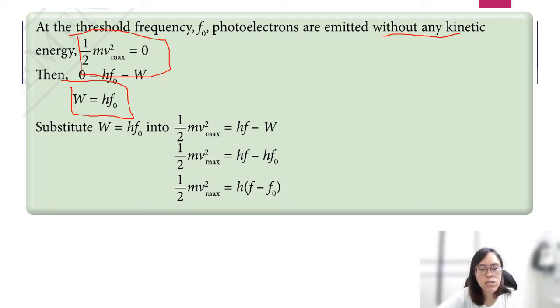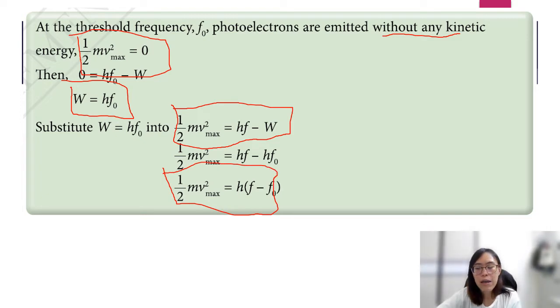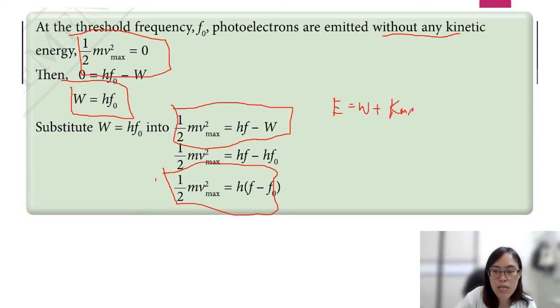hf0. So if you substitute, half mv square equals hf minus W, which equals hf0, and you get the final formula. But as long as you know that E for the photon energy equals W plus Kmax, then this W is based on the threshold frequency, the work done for the electron to exceed the threshold frequency of the metal.